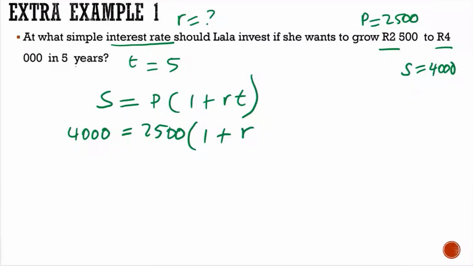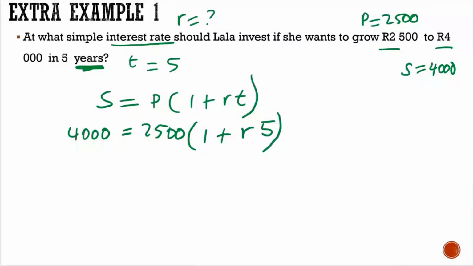Because your time is in years, you don't need to be dividing by anything, because the rate is annual, it's paid annually. So you don't need to worry about dividing your time by 52 weeks or whatever. Your time there is 5, so you're going to have your 5.